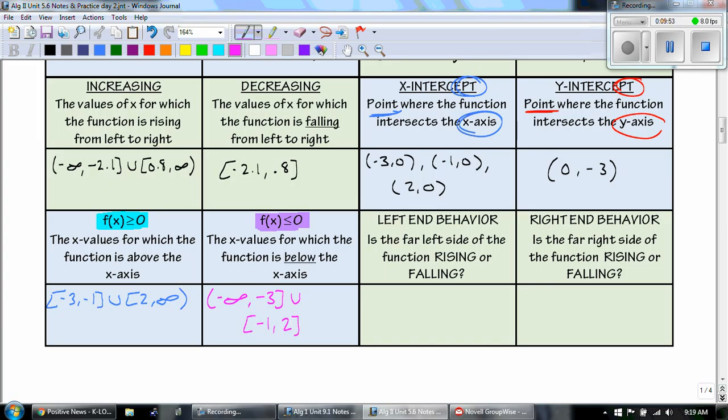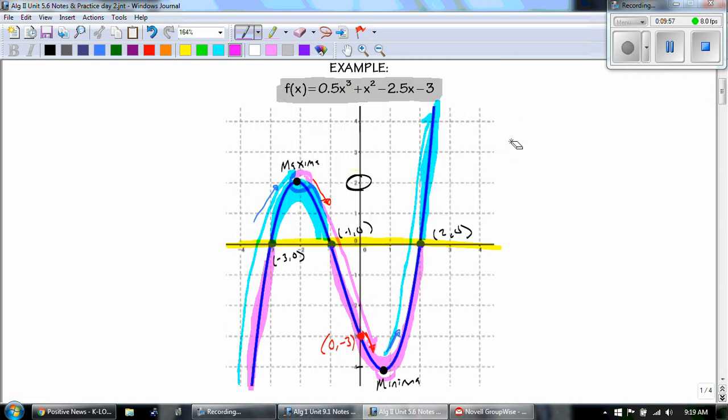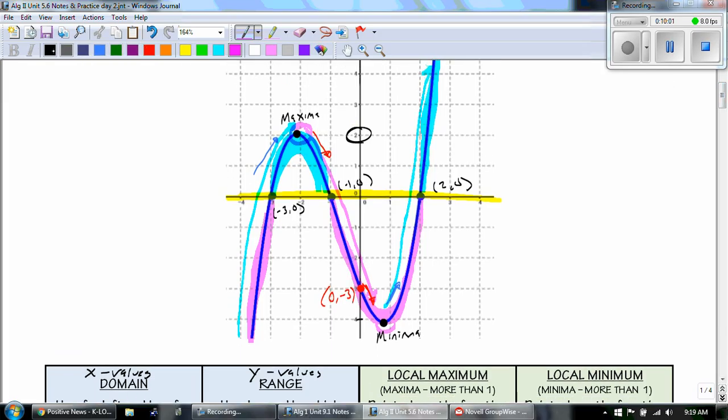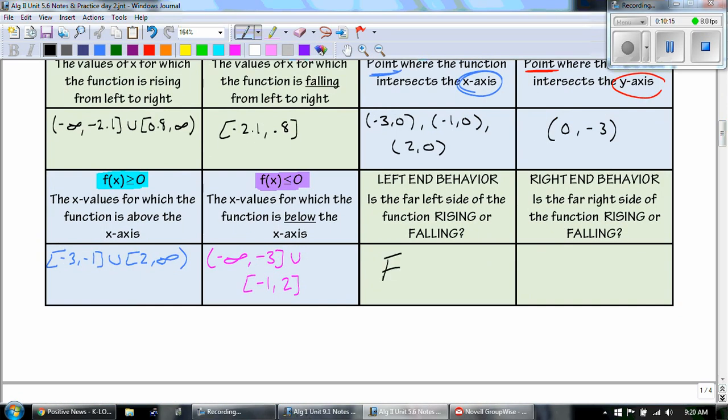All right, and then the last part that we're talking about, my far left end behavior, okay? What's going on all the way over here? Well, that far left, this is where the graph is falling. So over here, we would say that it is falling.